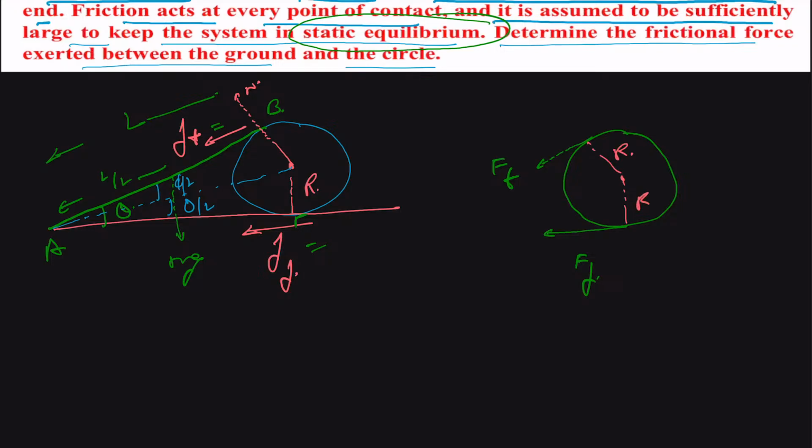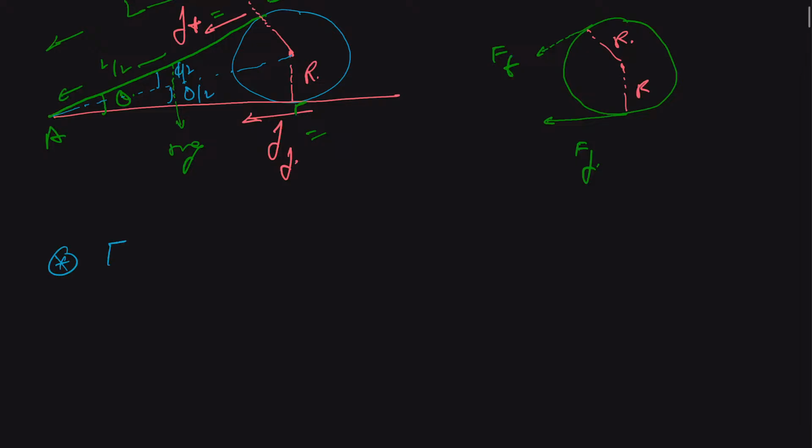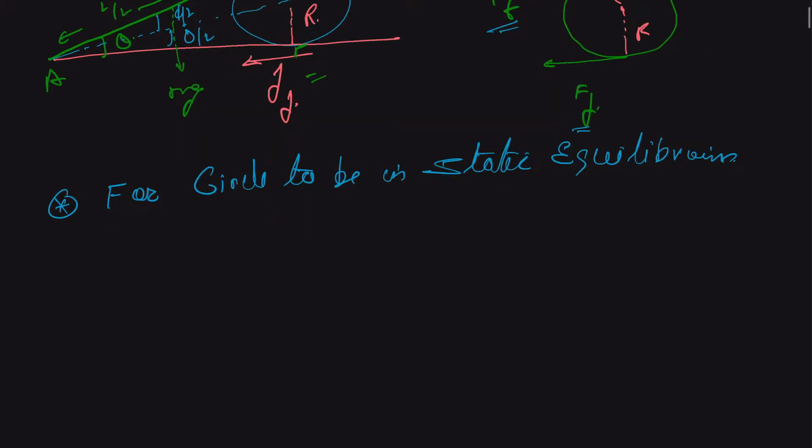We have to remember that this circle should be in static equilibrium. So for the circle to be in static equilibrium, the torque produced by the tangential friction and the friction between the circle and ground should be equal. They should balance out.